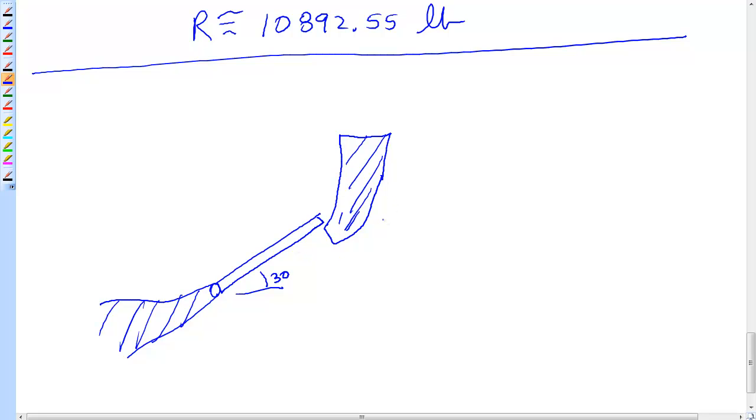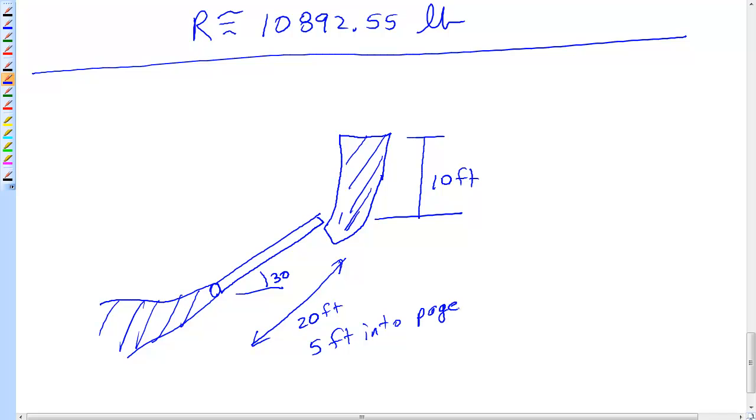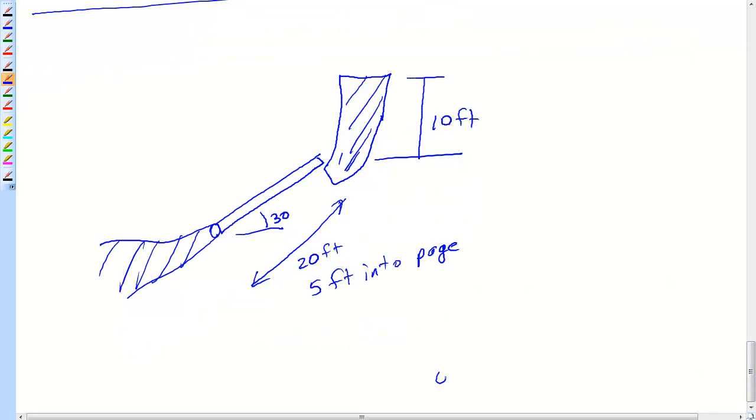Say the distance from here down to here is, say, 10 foot. Say this is a 20 foot by 5 foot into the page, meaning that if there was a guy down here looking up at it, he would see something that looked like this, 20 by 5 foot.